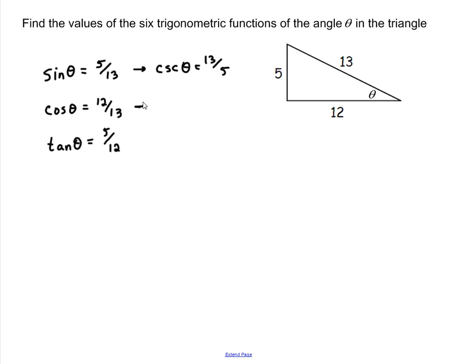The reciprocal of the cosine is secant of theta. So we define it as the reciprocal being 13, hypotenuse, over 12, adjacent. And then finally, tangent has its reciprocal function of cotangent of theta. And cotangent of theta is going to be the ratio 12, the adjacent side, over 5, the opposite side. Okay, we'll develop some more in the next few videos.